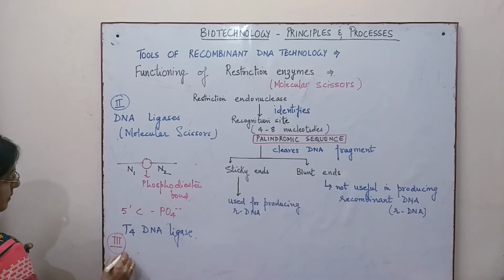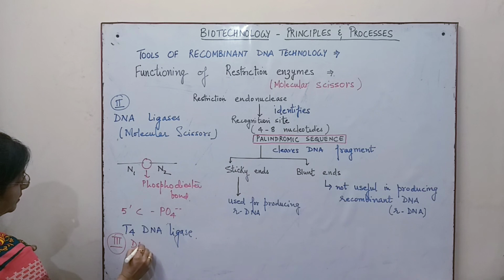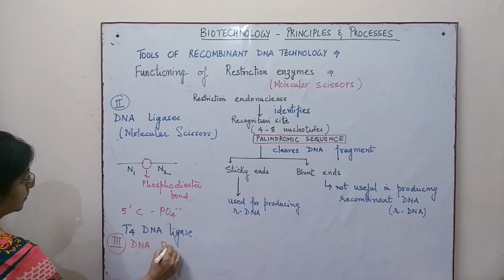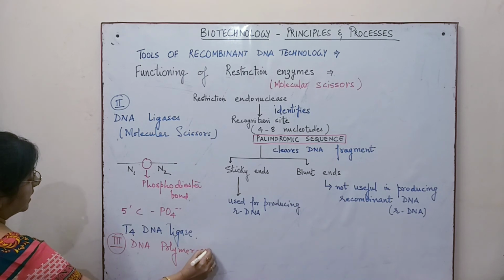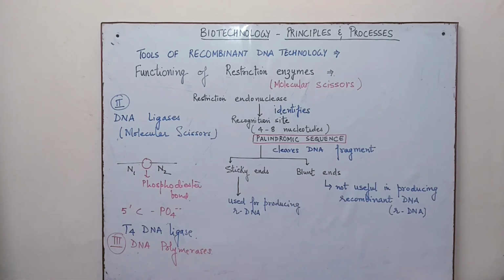The third type is the DNA polymerases. DNA polymerases are enzymes that synthesize new molecules of the desired DNA or rDNA. That is, they help in DNA replication, forming new nucleotides for the recombinant DNA.